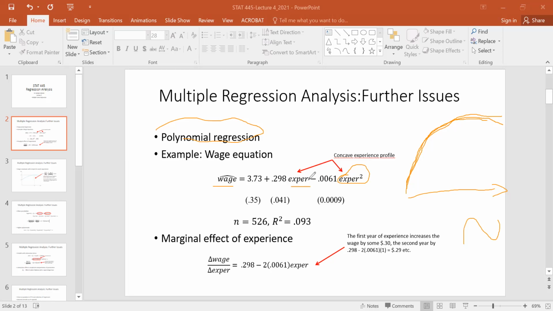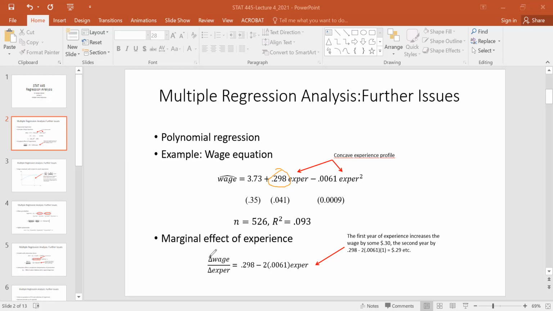So this has been estimated. The key point is that the effect of experience on wage, please pay attention, is not just 0.298. No, there's another experience variable here. So always, you must differentiate before you can see the impact.